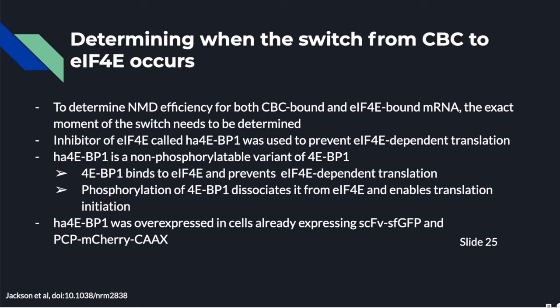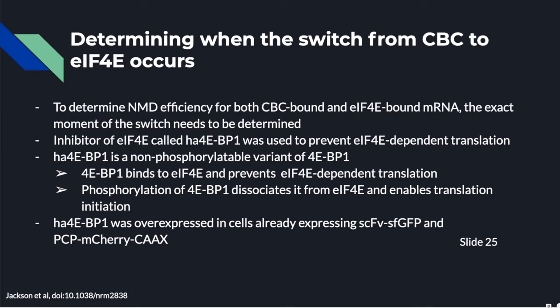HA4EBP1 is a variant of 4EBP1, which is a protein responsible for repressing translation. Normally, 4EBP1 binds to EF4E and represses its activity, but phosphorylation of 4EBP1 releases EF4E, and that re-enables its ability to activate translation. Since HA4EBP1 is a non-degradable, non-phosphorylatable variant, it can be used to repress translation in cells.